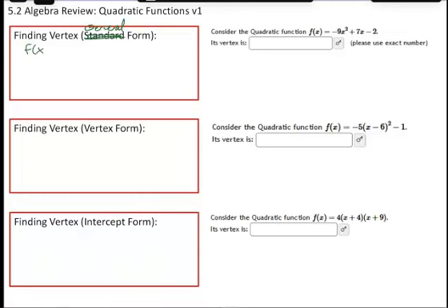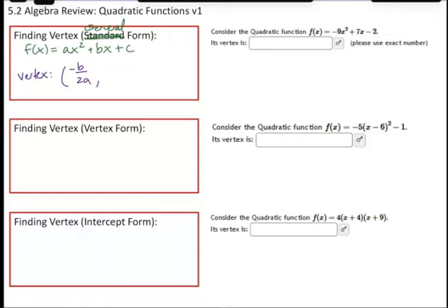So once again, general form is just ax squared plus bx plus c. And the way that you find the vertex in this form is to use the following. So b is the first degree term's coefficient. So you're going to take -b over 2a, and that's going to be the x-coordinate of your vertex.